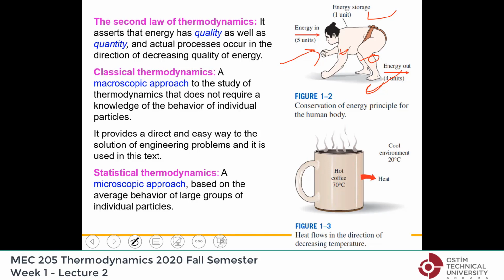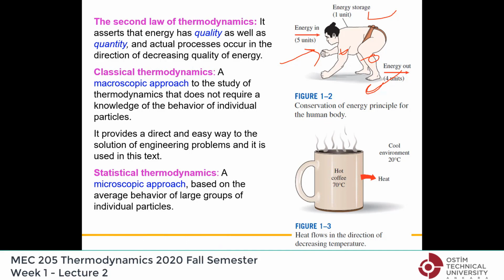Okay. And in this course, we will deal with classical thermodynamics. Okay. So we will not deal with individual atoms and molecules, whatever, which is statistical thermodynamics. Later on, you may have a course on that one.